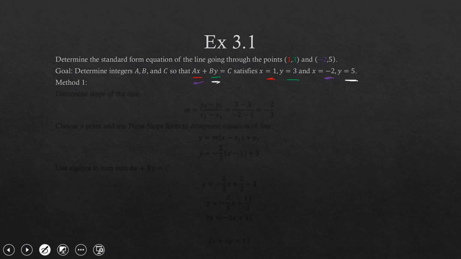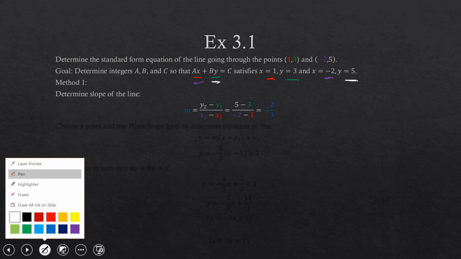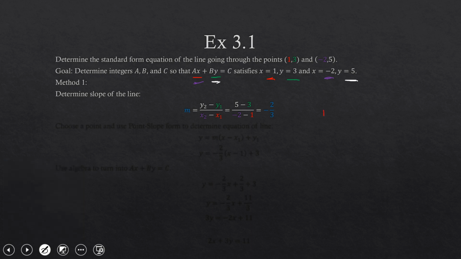So I'm going to show you two methods. Here's method 1. Step 1 is we've got to determine the slope of the line. We determine the slope using our slope equation, m equals y2 minus y1 over x2 minus x1.